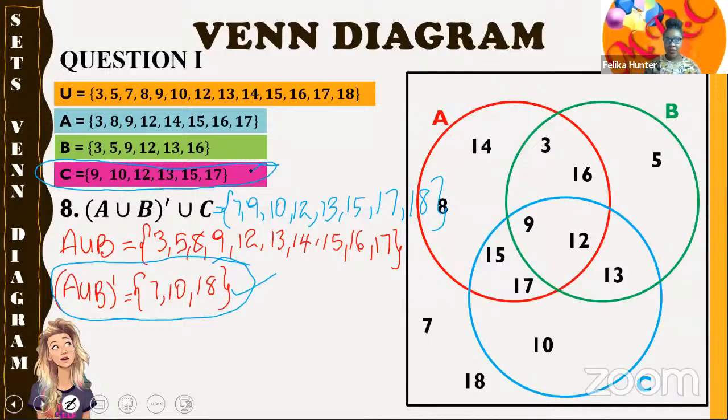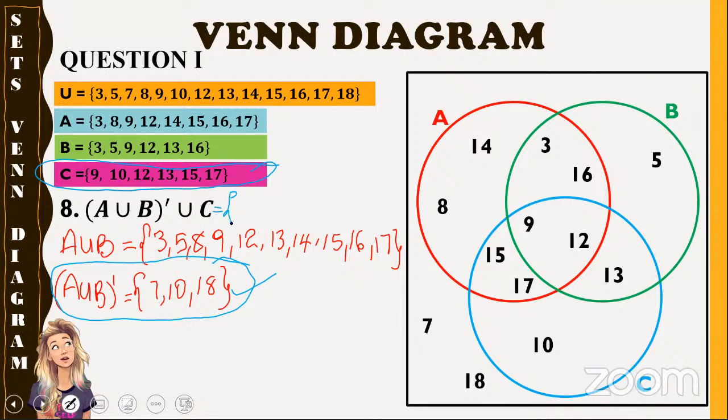Do you understand that part to start with? Yes, Miss. All right, good. And what does union mean? Everything. Good.